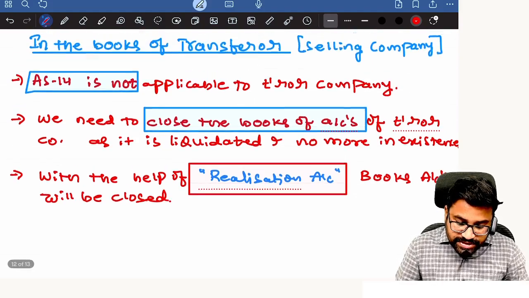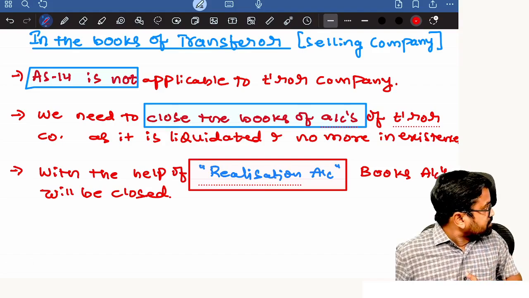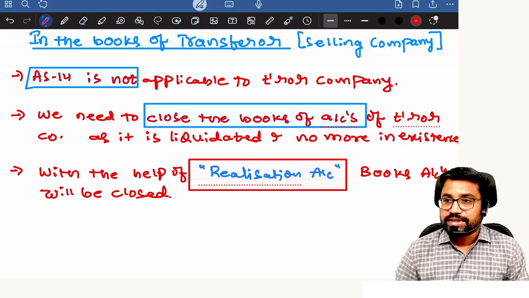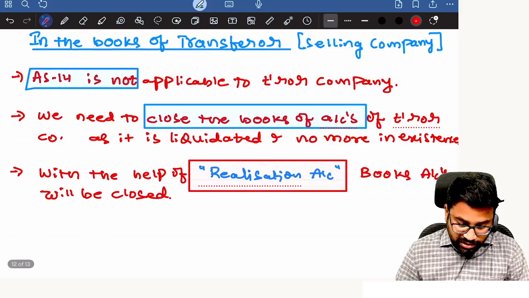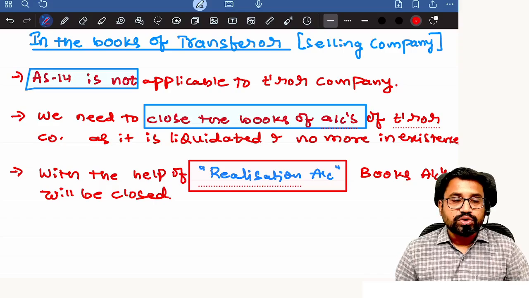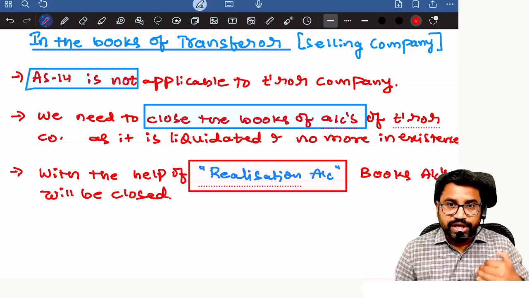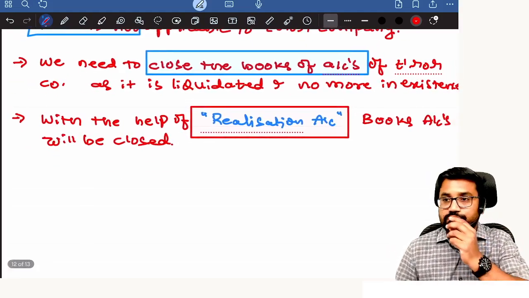That's why this realization account we will open. Of course I am going to explain it so elaborately. So first need to understand, we are doing accounting in the books of transferor company. AS 14 is not applicable for them, and we need to close the books of accounts of transferor company because they are no more in existence, and with the help of realization account, books of accounts will be closed.